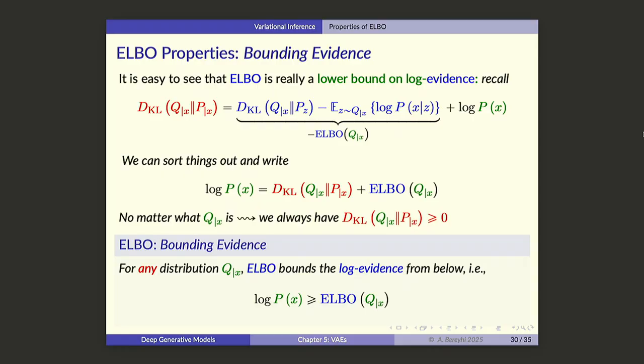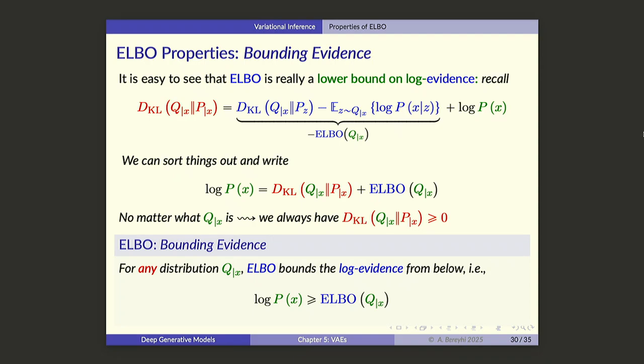This is why we call it the evidence lower bound, because it's bounding the log of the evidence from below, right? So this red term is always positive or 0. If it's 0, then ELBO is exactly the log evidence. If it is non-zero, then the log of the evidence is going to be more. So ELBO is always smaller than the log evidence, right?